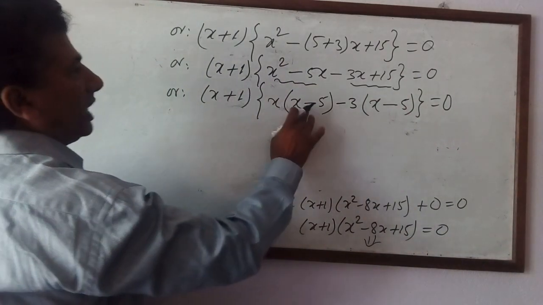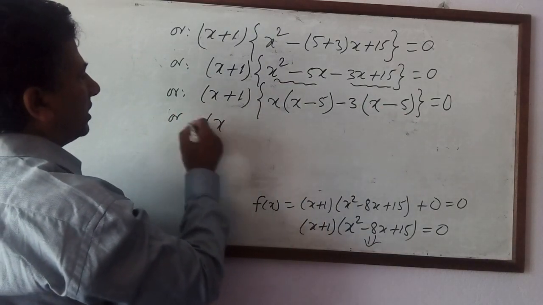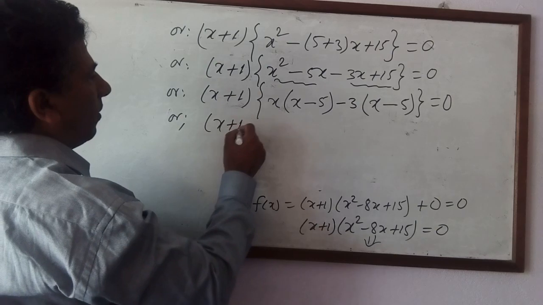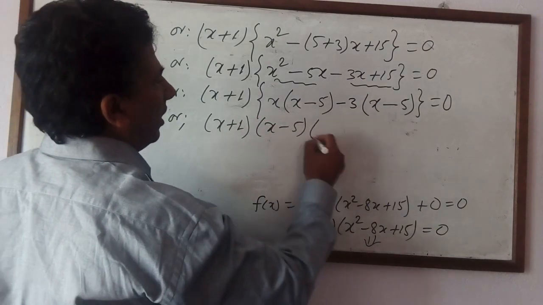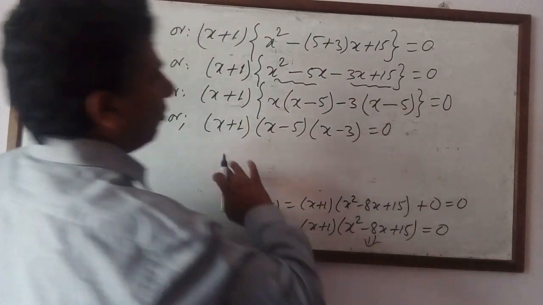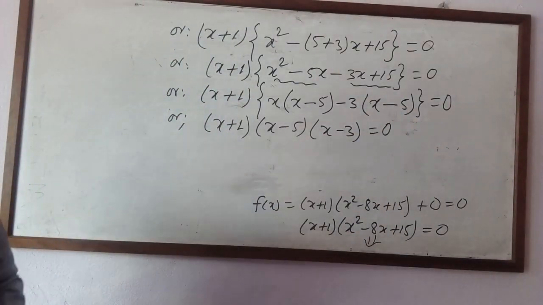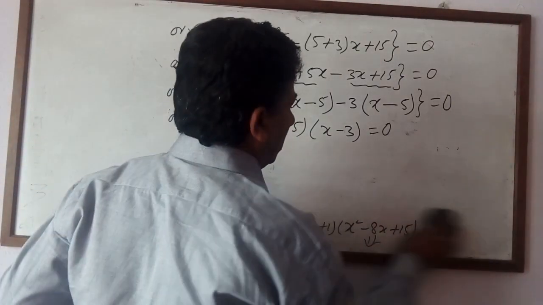Now this x minus 5 again common, (x plus 1), (x minus 5) common, (x minus 3) remaining, equals 0. Now we found three factors of the given polynomial. These are the factors of the polynomial.